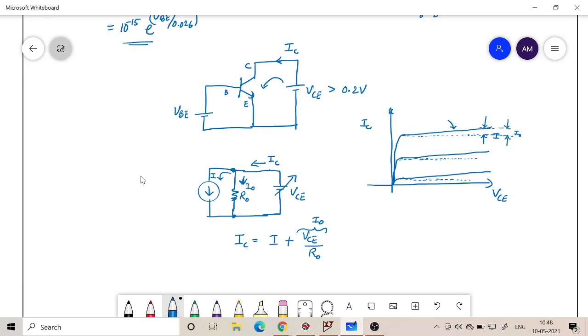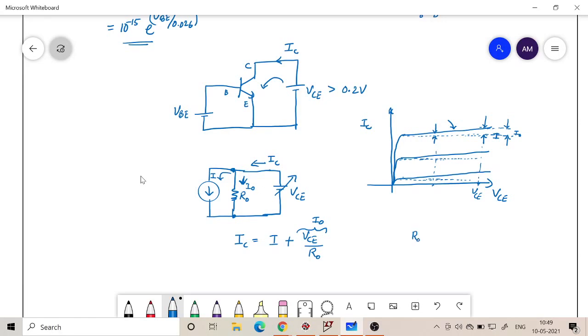So I is a fixed current plus I naught, and that I naught depends upon what is the VCE. If I take my VCE here, then it will be VCE by R naught. If I am here, my contribution of I naught is smaller because here the VCE is smaller. It is like a resistance: the current through a resistance is proportional to the voltage.